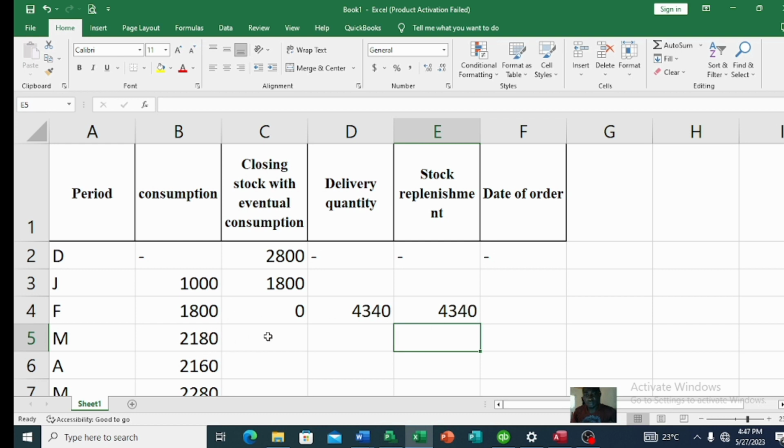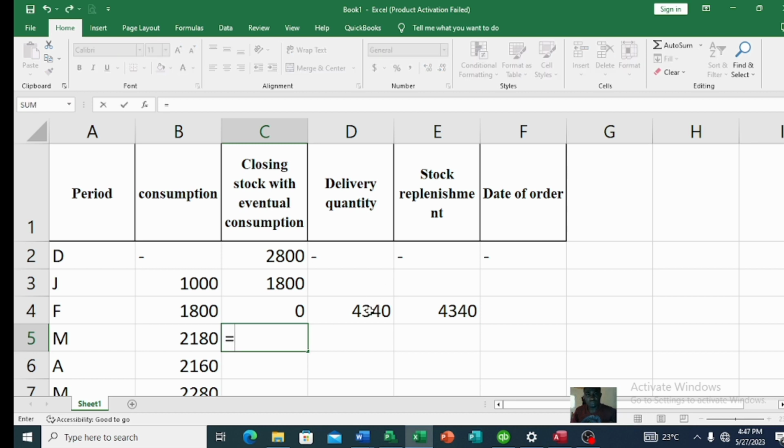And then the next one, the consumption here will be equal to what? Take this one time rather than so many things: this, take away this. This is the consumption, 2,180, meaning they consumed it from the 4,340.